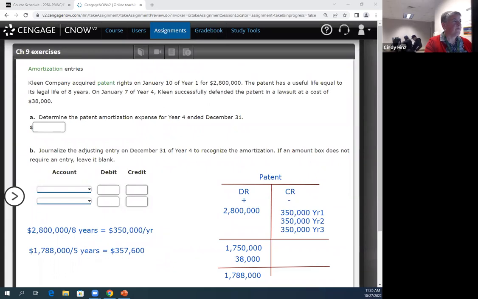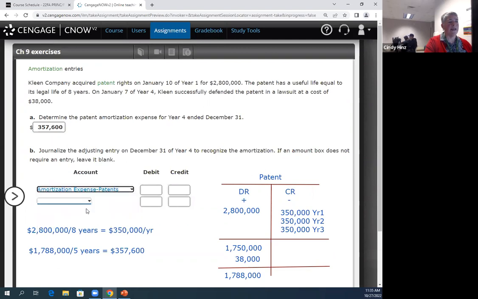And so now to part A, determine the patent amortization expense for year 4. That would be $357,600 as we just calculated. And how do we journalize that? Well, we're reporting the amortization expense and reducing the value of the patent directly.